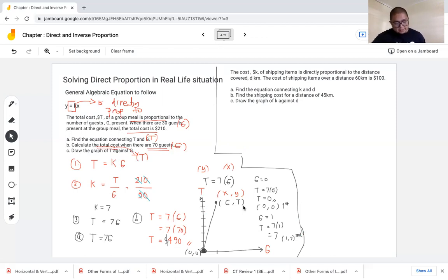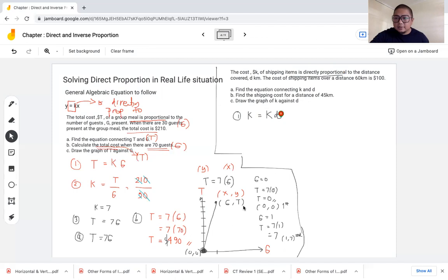So again, first is to find the equation connecting K and D. So we know that K is directly proportional to the distance covered in D km. So the first step will be K is equivalent to kD.